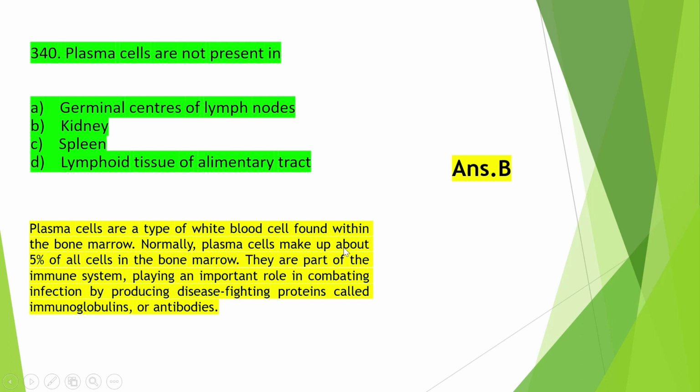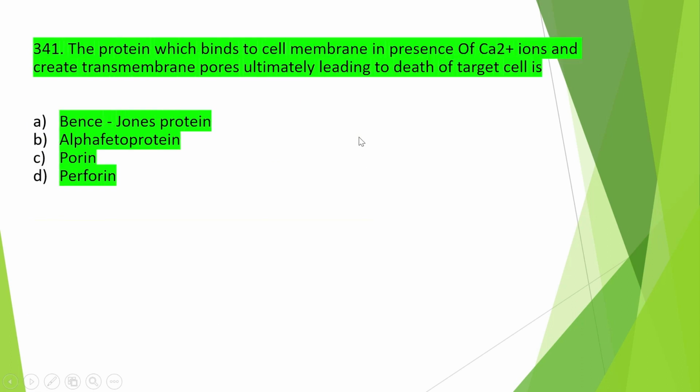Normally plasma cells make up about 5% of all cells in the bone marrow. They are part of the immune system, playing an important role in combating infection by producing disease fighting proteins called immunoglobulins or antibodies.